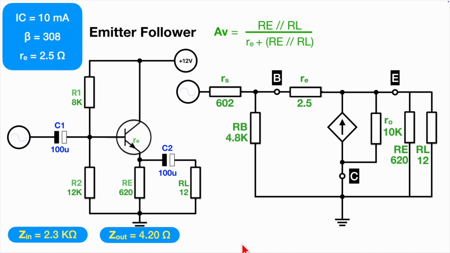And when you do that, you get a voltage gain of 0.82, and that is typical for an emitter follower, typically between 0.8 and 0.9. So we talk about unity voltage gain, but it's actually a bit less.